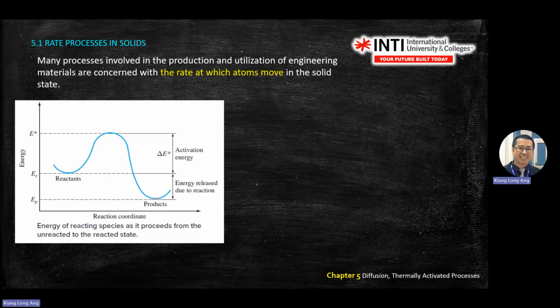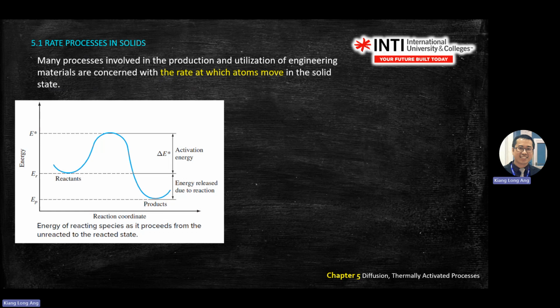Okay. Now, how do you define the rate of atoms moving in solid states? We use the graph. On the left, on the y-axis is energy. On the x-axis is the coordinate. So let's see the few regions.